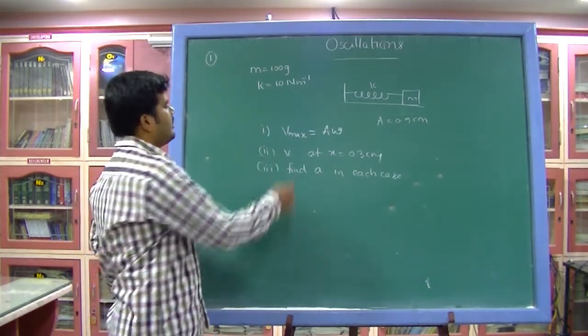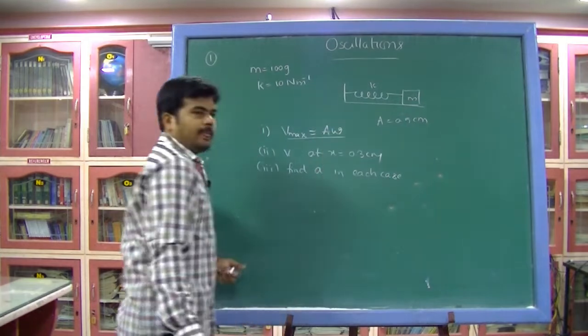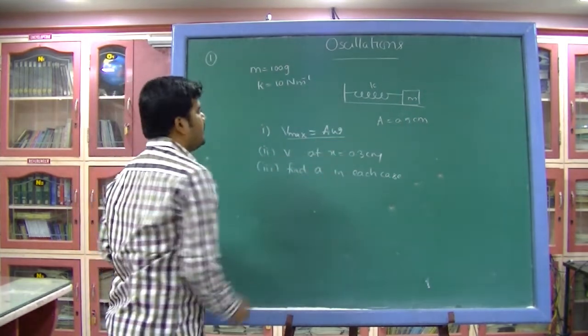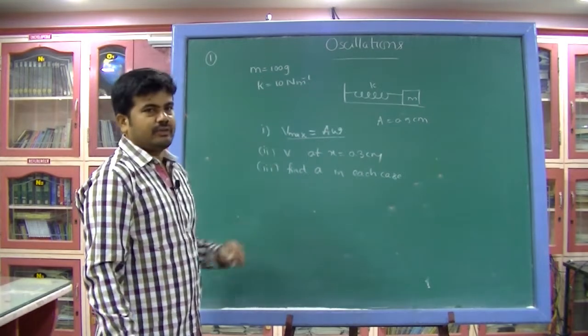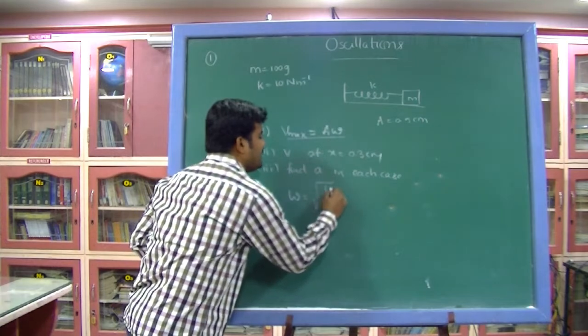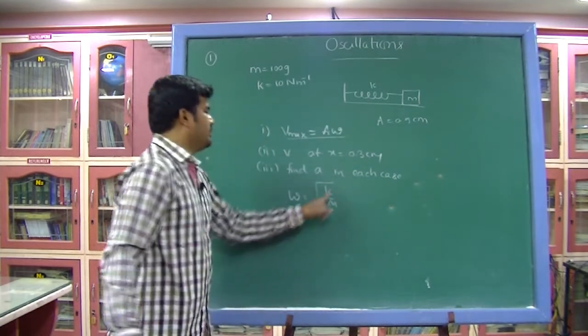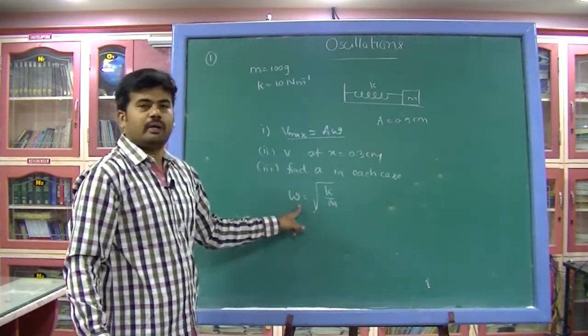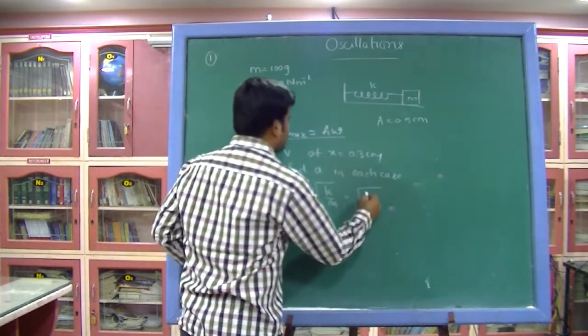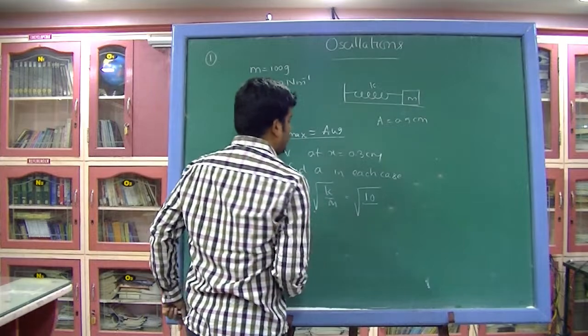We know that V maximum is equal to A omega. So, first we have to find the value of omega. We know the angular frequency of a spring mass system is omega equal to root of k divided by m. As we know both k and m, we can find omega. That is root of k value 10 divided by the mass in kgs.